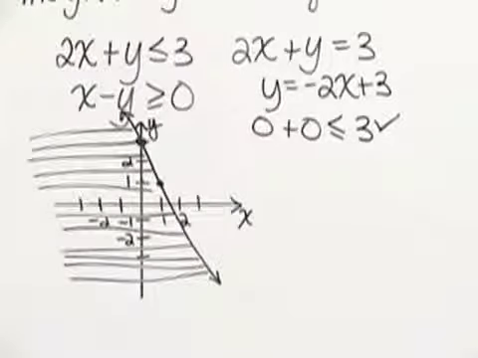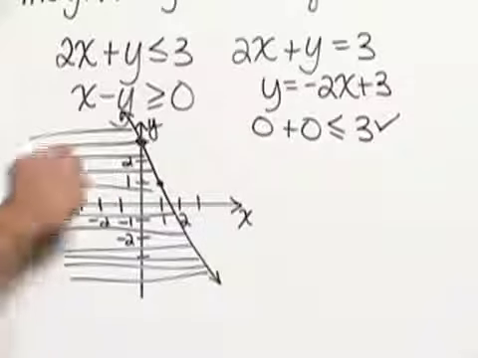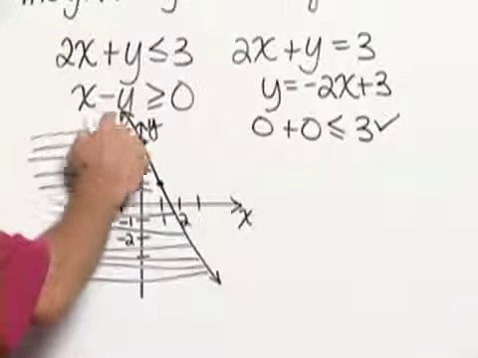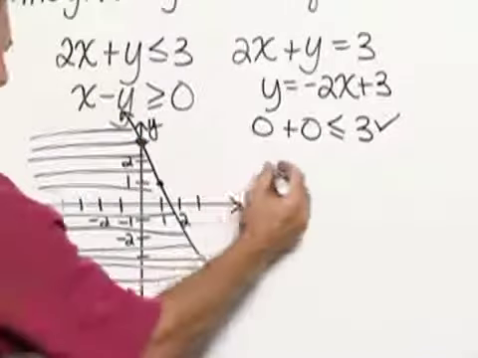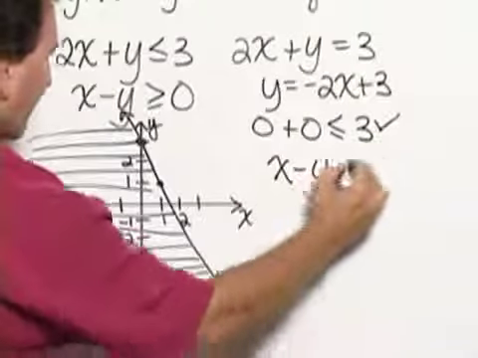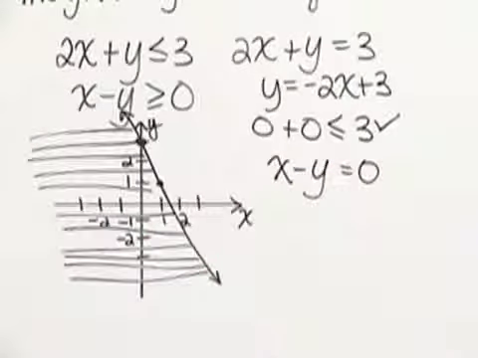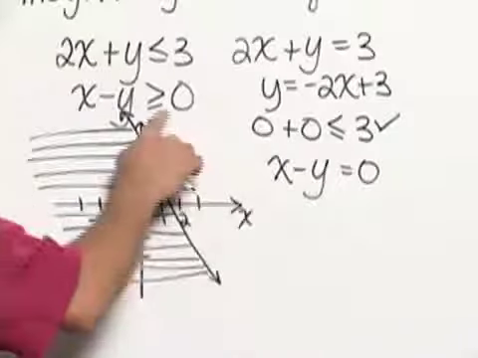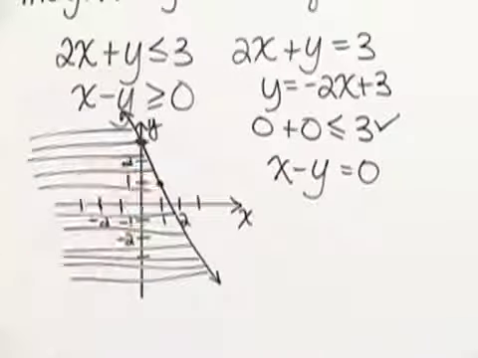Okay. Next, we need to graph x minus y greater than or equal to 0. So we graph x minus y equals 0. And that's the boundary line. It'll be solid because of the equal to part of my inequality.